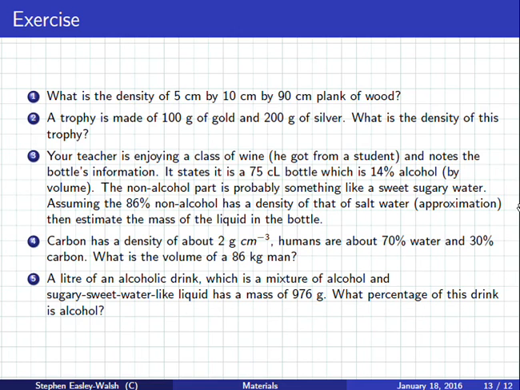Usually, when you mix things together, the total volume stays the same. So if you have a litre of water, a litre of coffee, and you mix it together, you'll have 2 litres of watery coffee. Now I say usually, but of course there are exceptions.